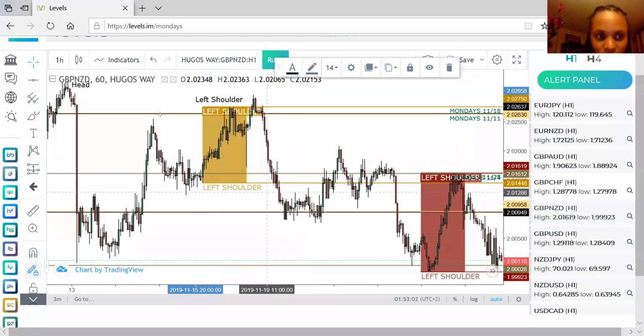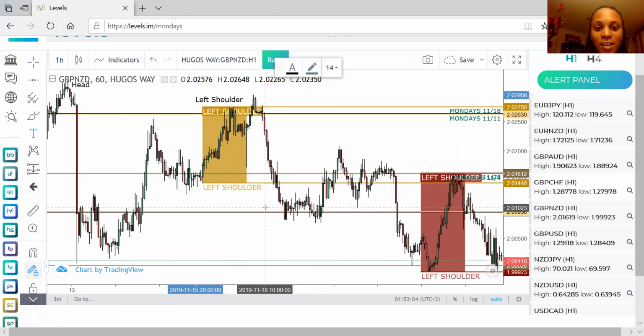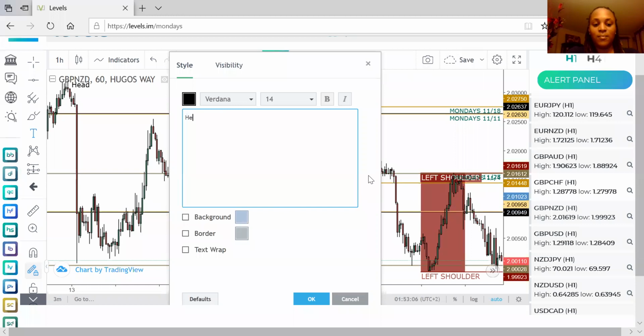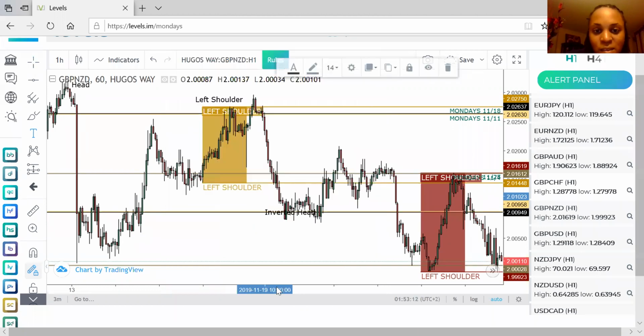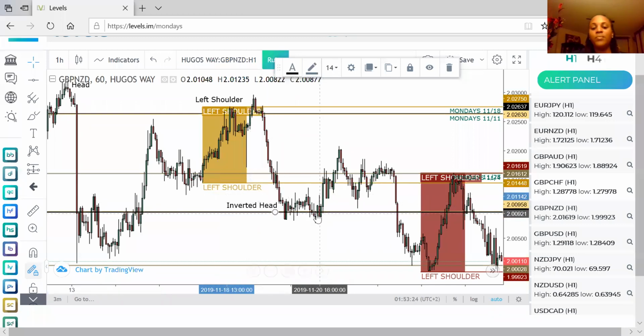Market broke out and created your inverted head. You can put inverted head for those who want to be difficult. Okay? Market broke out, created your inverted head. There.